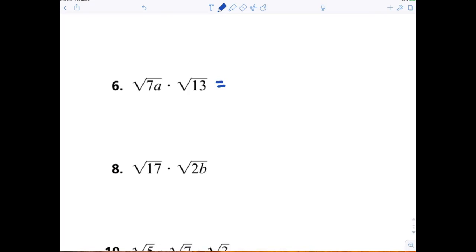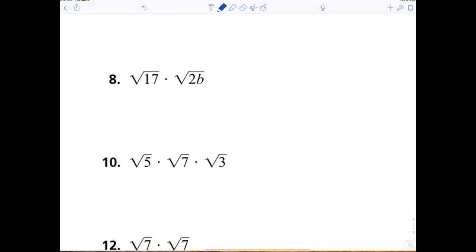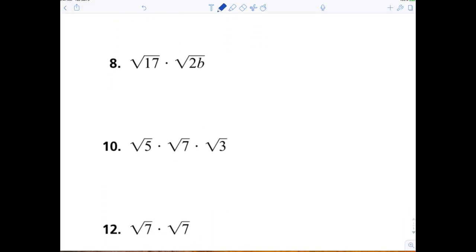Well, 7 times 13 is 91, so it'd be the square root of 91a. Everybody see how simple? When you're multiplying, you just multiply them together. Now if we look at 8, we have equals the square root of 34b. Perfect.